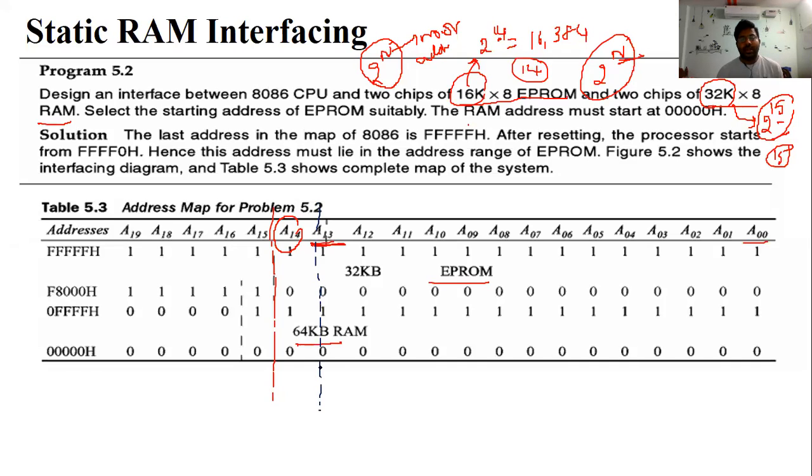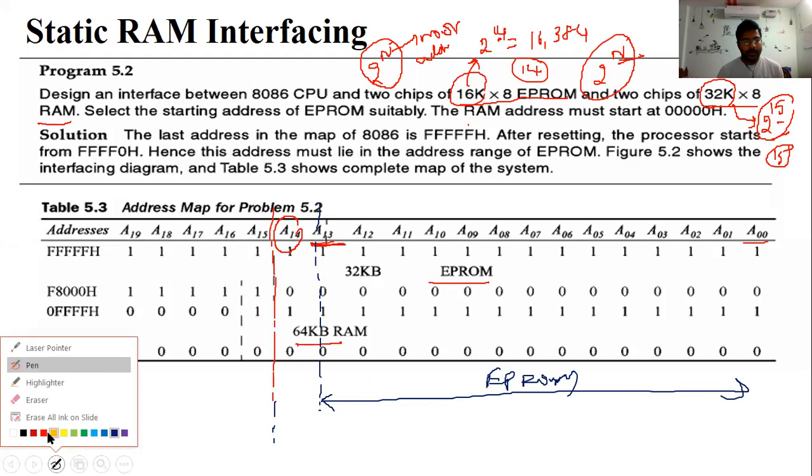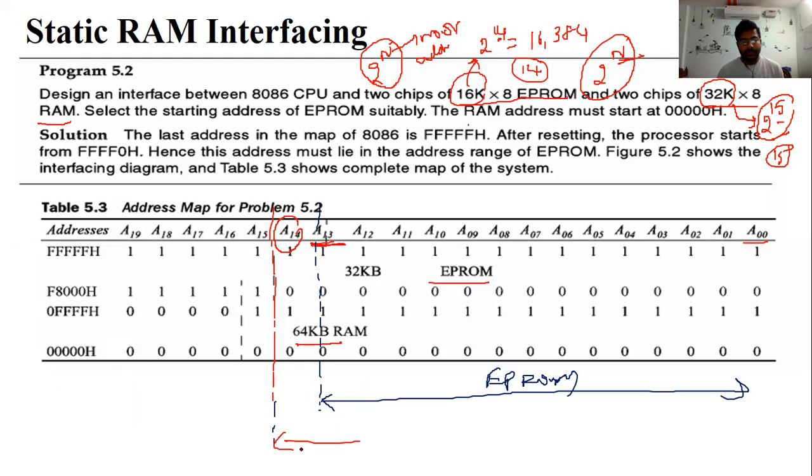See these dots, up to this one is the EPROM, and this is the RAM. These are the address lines: these are the 14 address lines, and these are the 15 address lines.